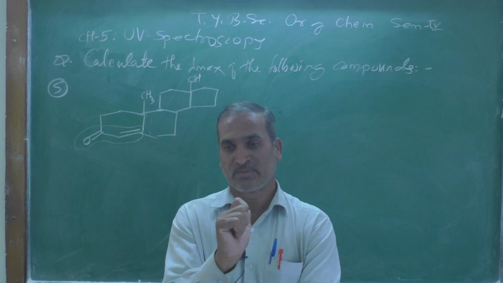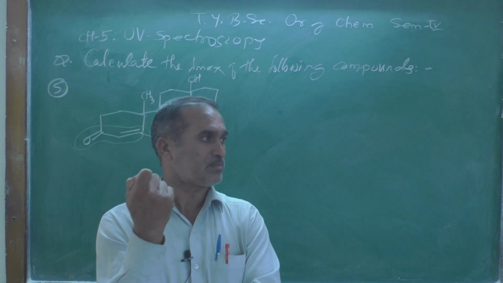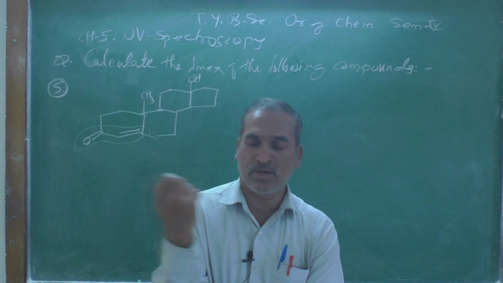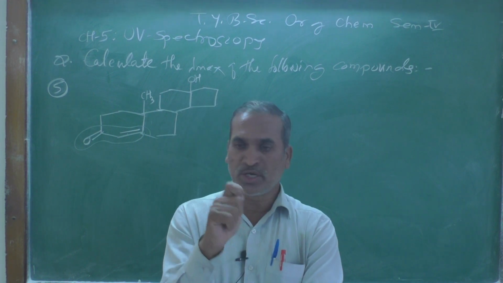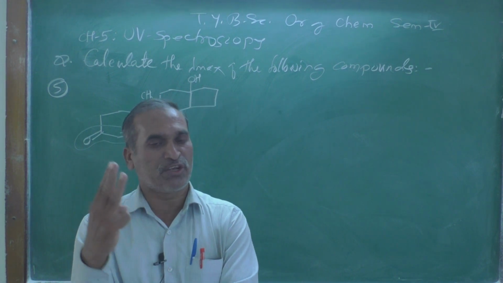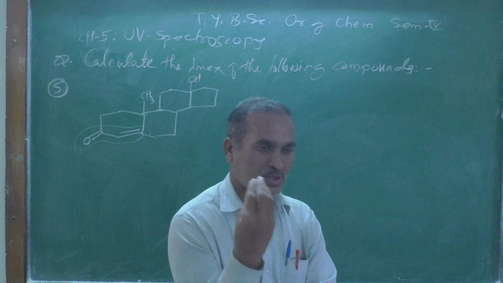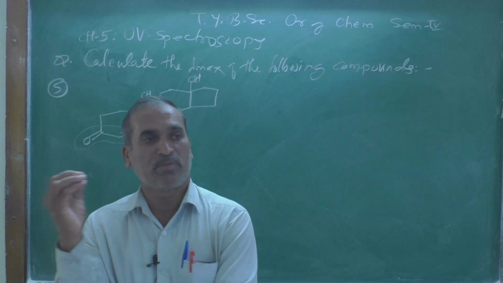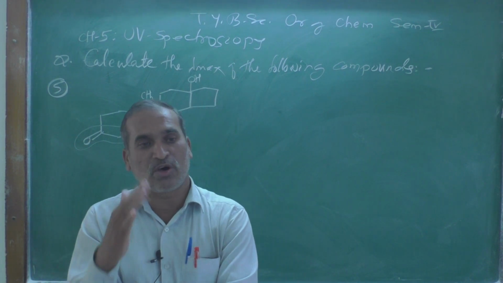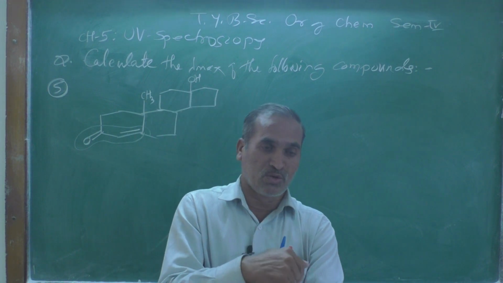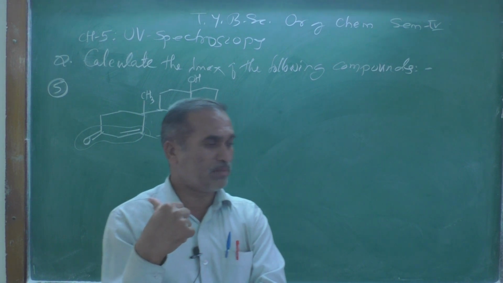If there is a hydrogen atom on the carbonyl group, meaning an aldehyde group is present, then you should take the base value 207. So one is 215 nanometer, second is 202 nanometer, third is 207 nanometer. These are the 3 different base values for an enone system. Which base value we should consider while solving this problem?